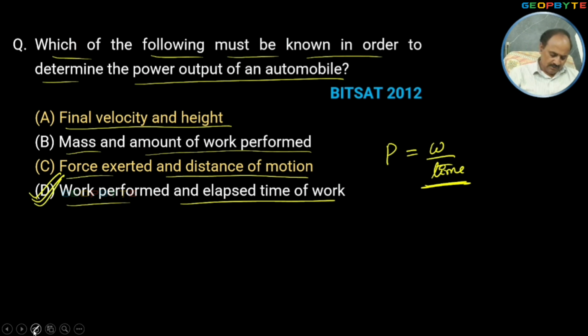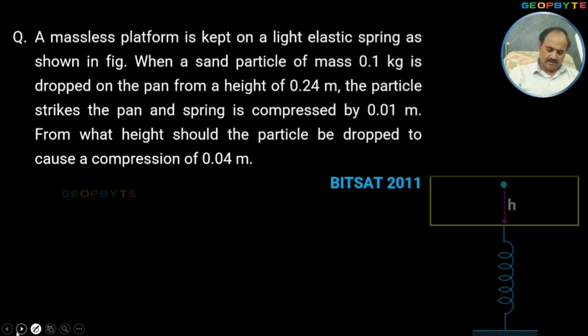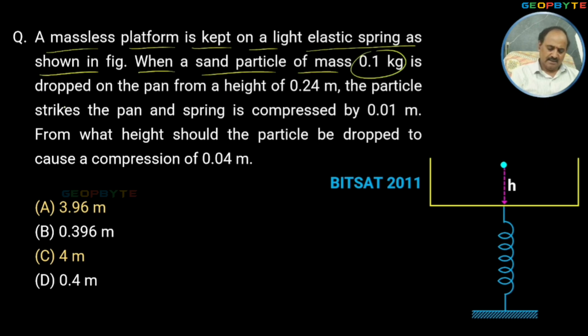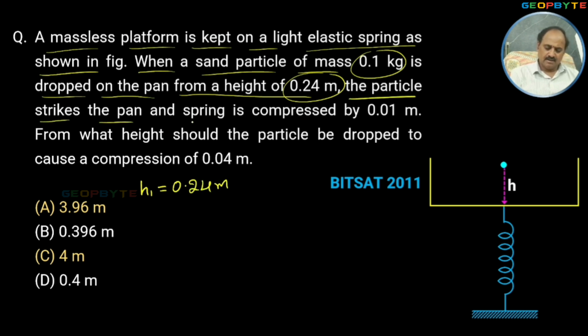Similarly, look at another important question. A massless platform is kept on a light elastic spring as shown in the figure. A sand particle of mass 0.1 kg is dropped on the pan from a height of 0.24 meters. When the height of drop h1 is 0.24 meters, the particle strikes the pan and the spring is compressed by 0.01 meter.